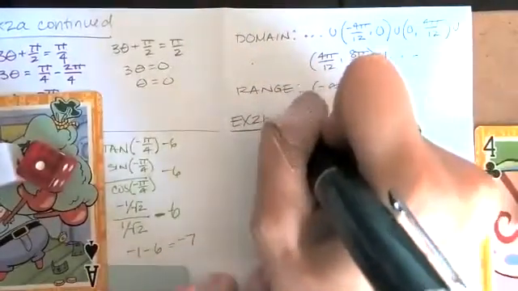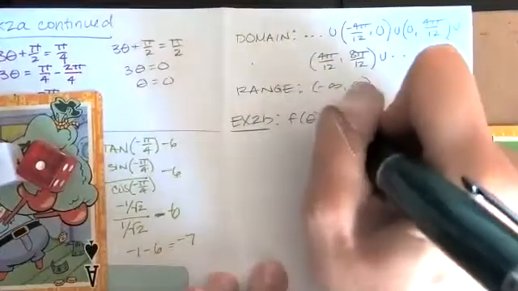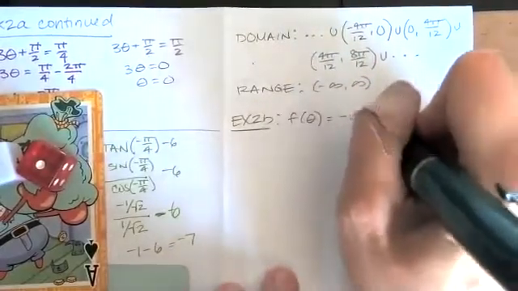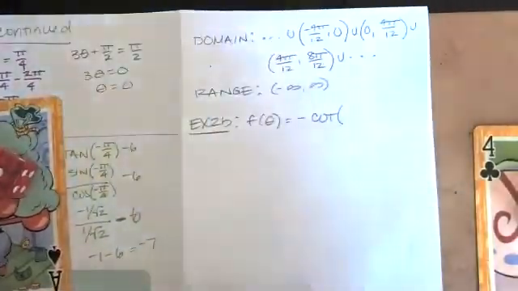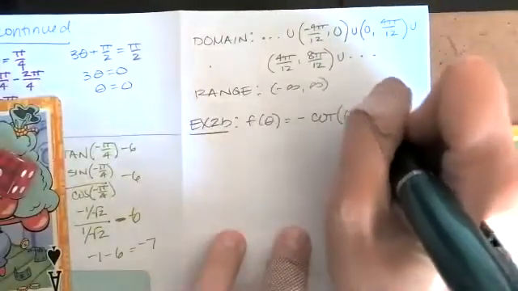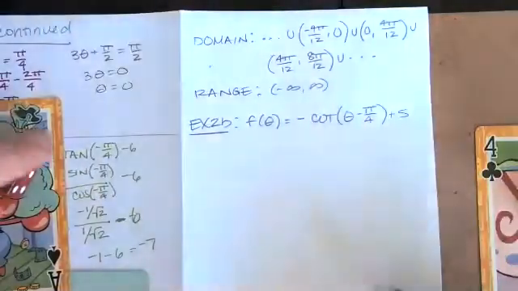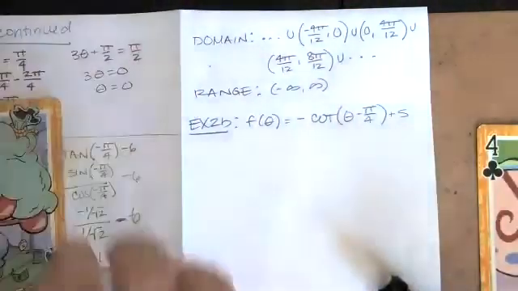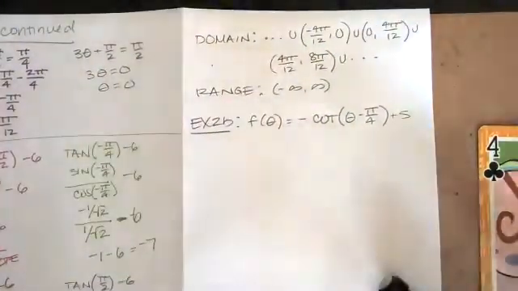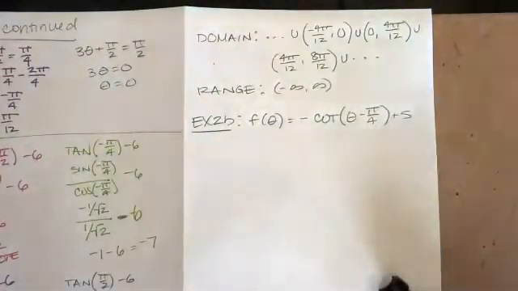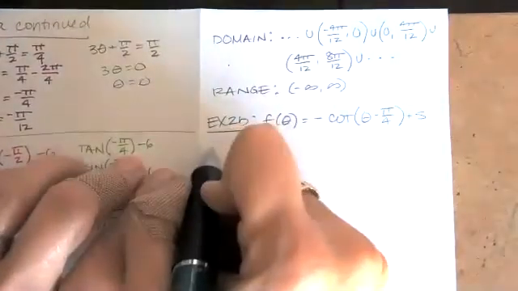Here's our function. So f of theta is negative cotangent of theta minus pi over 4, plus 5. That seems fairly humane. So let's see. First of all, the description.